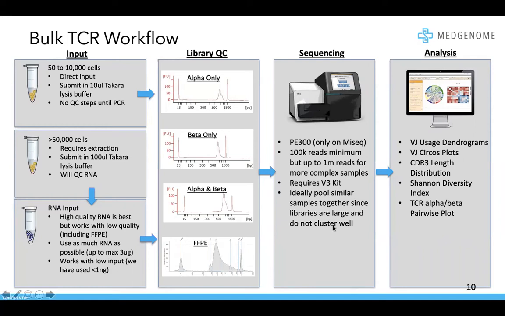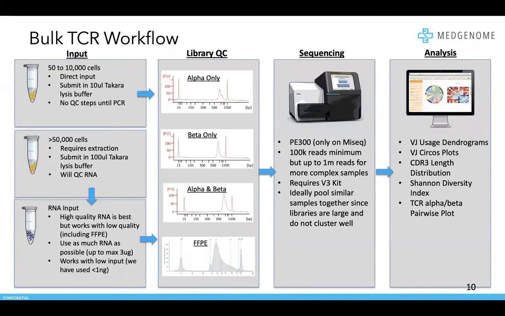When it comes to sequencing, this has to be done on MiSeq because you're sequencing these single molecules. You need the longest reads possible. So Paradigm 300 is what we use. As far as sequencing depth, it's a little variable, and it depends a lot on the input. 100,000 reads will certainly get you some good data.